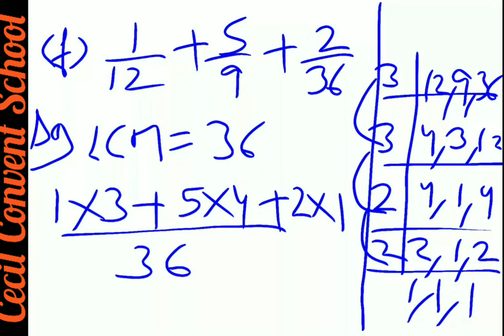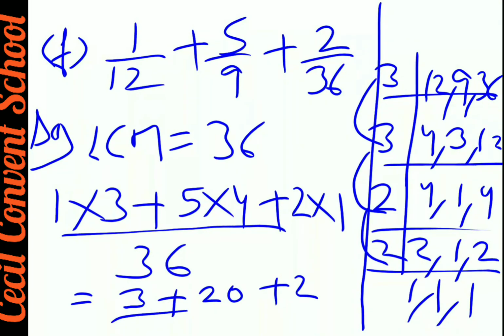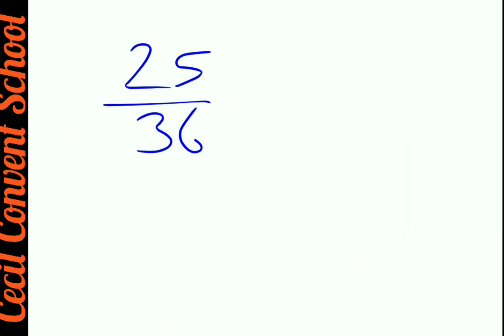So you write here 1. Now 3 plus 20 plus 2 upon 36. Clear? So the answer will be 3 plus 20 is 23, plus 2, that will be 25 by 36. Clear? So this is the final answer of F part.